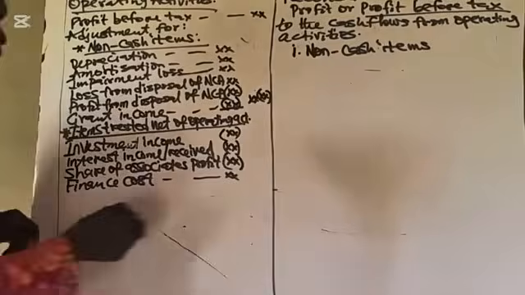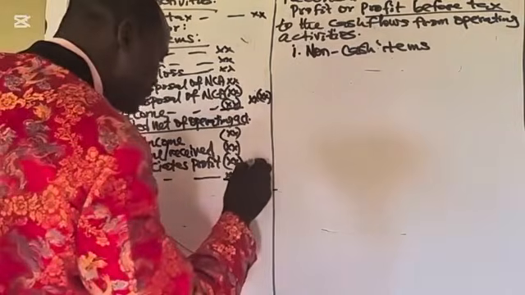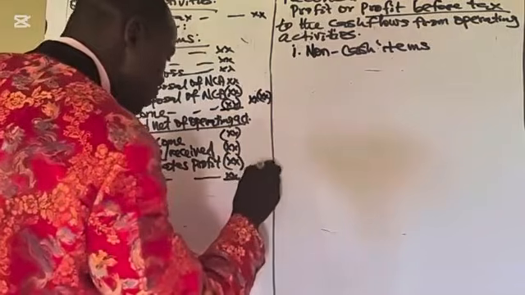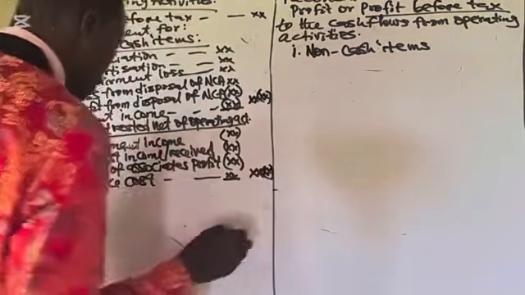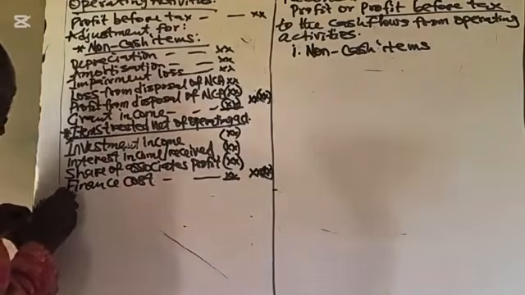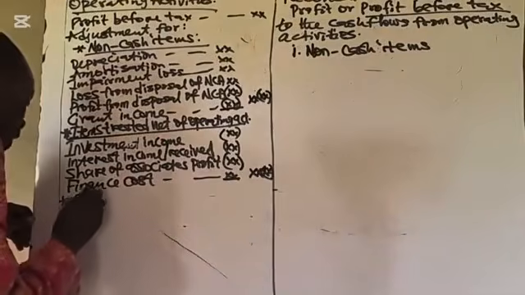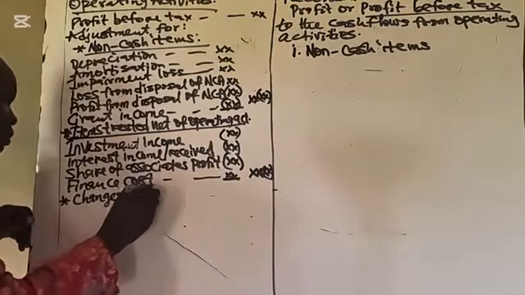Then after all this adjustment, you arrive at, it could be plus, it could be minus, depending on the question. So the third item that requires adjustment is changes in working capital.